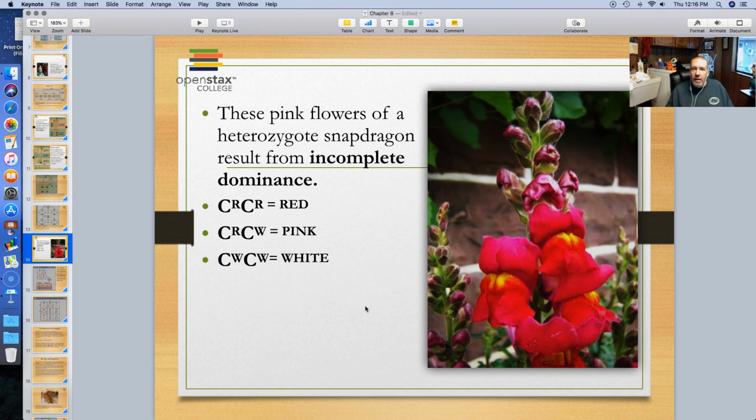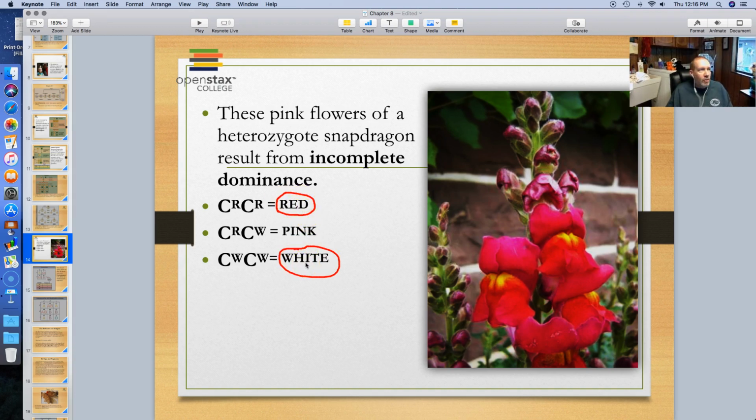And your book uses the example of snapdragons, where there are individuals that produce red-colored flowers. There are individuals that produce white-colored flowers. Like with peas, right? You could have violet or white.